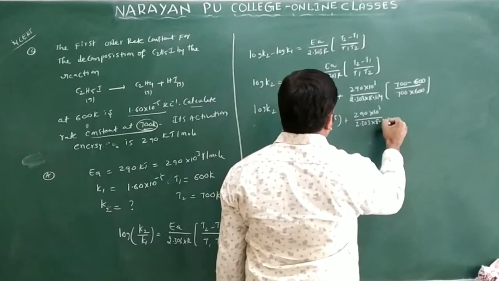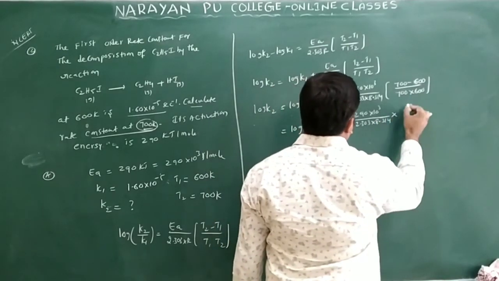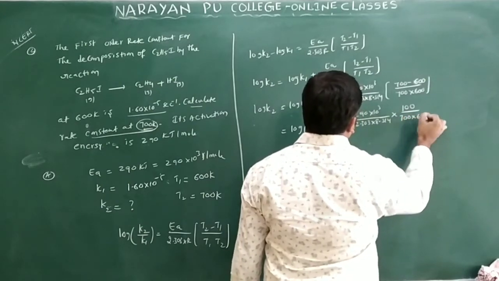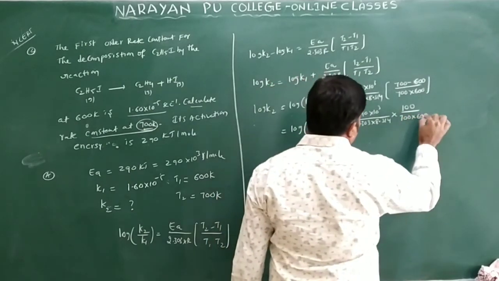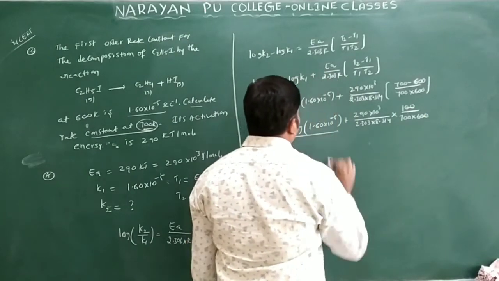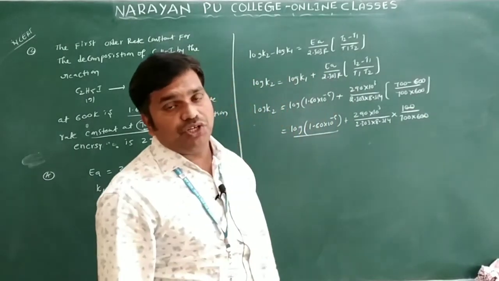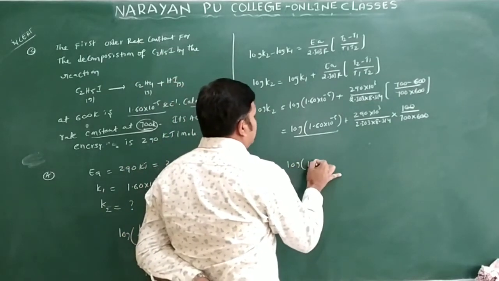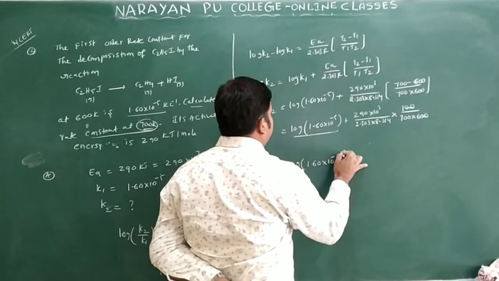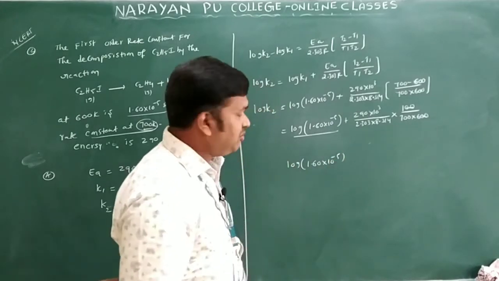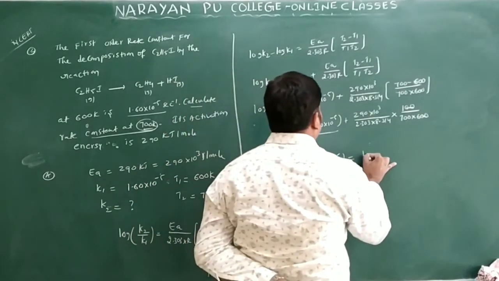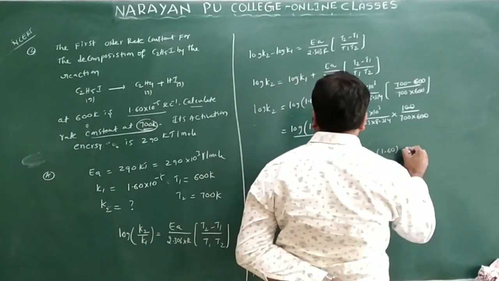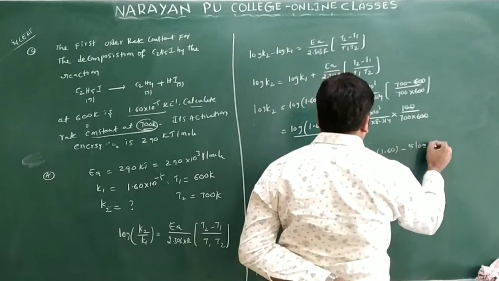Log 1.60 into 10 power minus 5 plus 290 into 10 cube by 2.303 into 8.314 into 700 into 600. We can cancel the zeros. First of all we find out log 1.60 into 10 power minus 5, which is log A plus log B, so log 1.60 minus 5 into log 10.